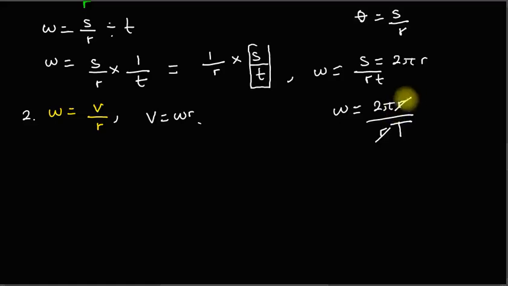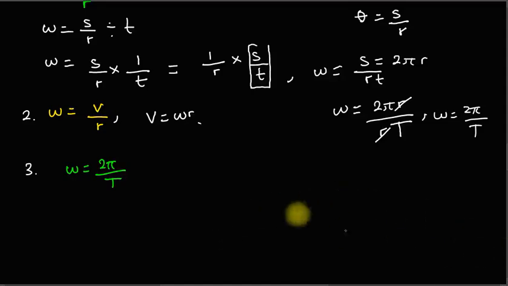R cancels out, and I'm going to be left with W is equal to 2 pi over T. So that's our third equation.